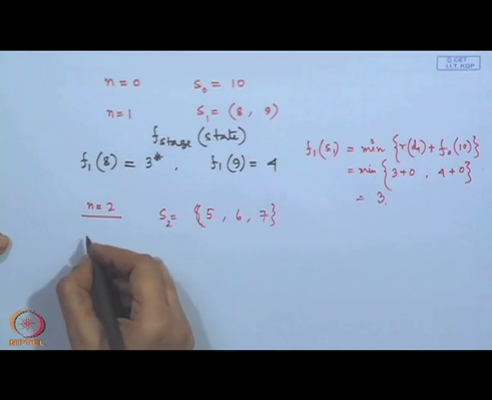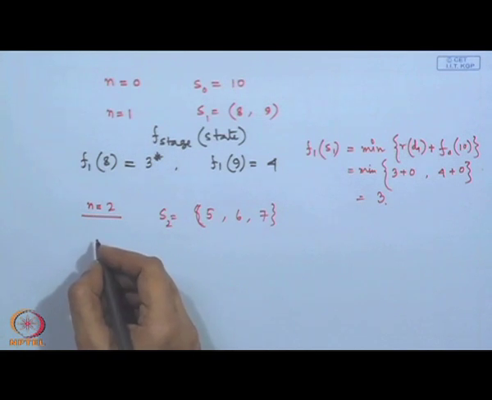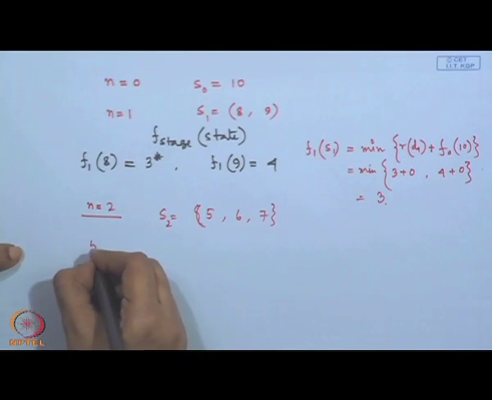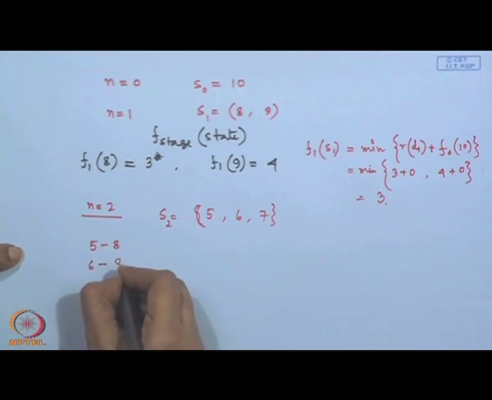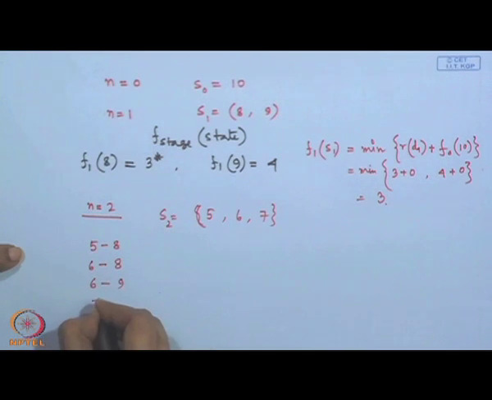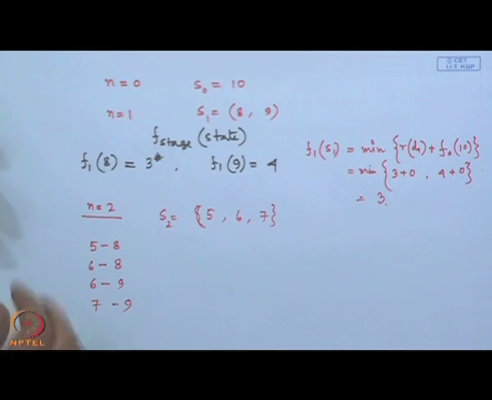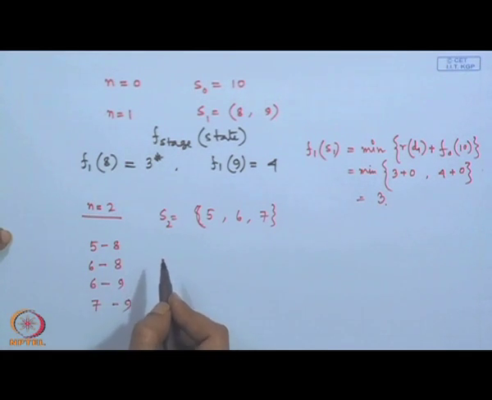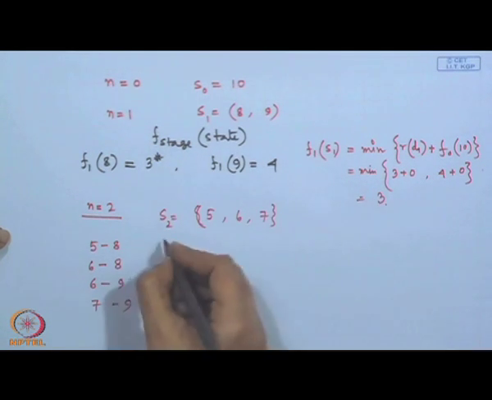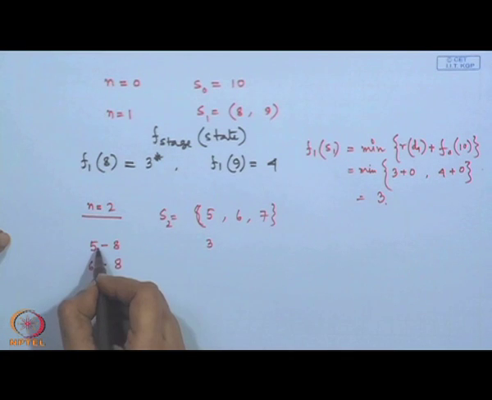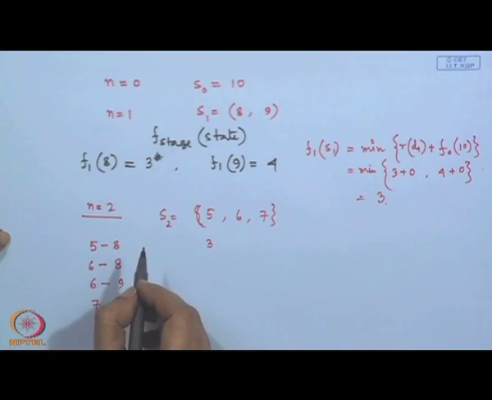Here let us see how many alternatives we are having. We are having only 4 alternatives: 5 to 8, 6 to 8, 6 to 9, 7 to 9. If we have these alternatives with us, let us formulate the function here as well. 5 to 8 means, once we are reaching point 8, the value was 3, and at 5 it was 7.